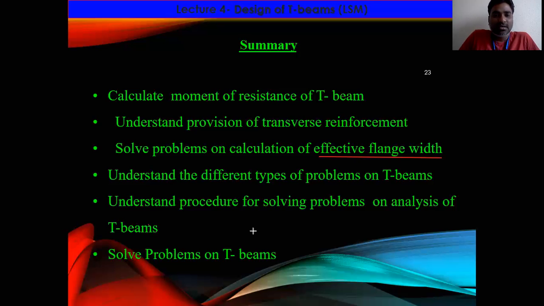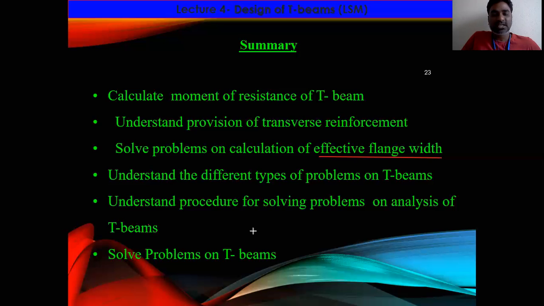determine the depth of neutral axis by equating compression force to tension force. By that means the compression force is nothing but the compression force taken by the flange and the compression force taken by the web separately, and equate compression force to tension force and determine the depth of neutral axis. And again, you just compare with your xu max, right?